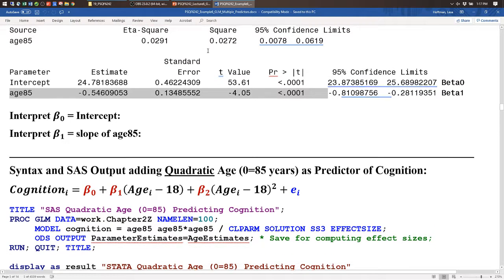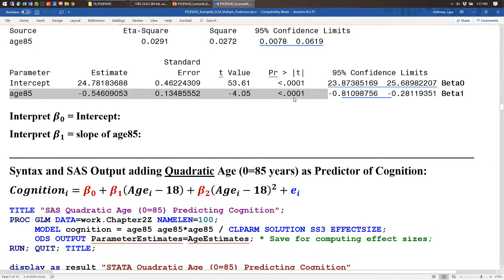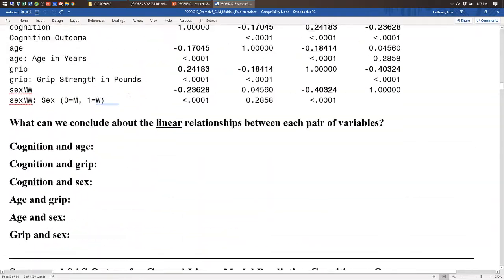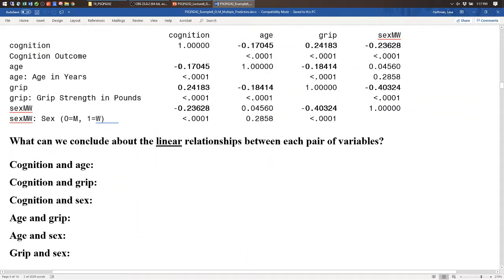Now, I didn't ask for a standardized slope to go with this because I don't have to. Putting age by itself in the model is exactly the same thing as just estimating the correlation between cognition and age. If you take that correlation and square it, do you know what you get?